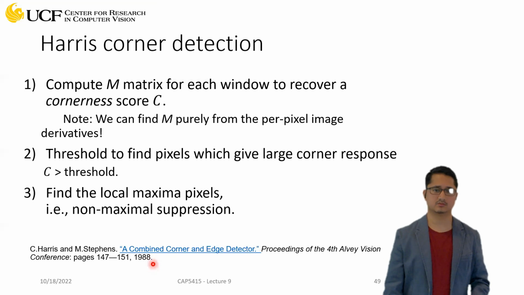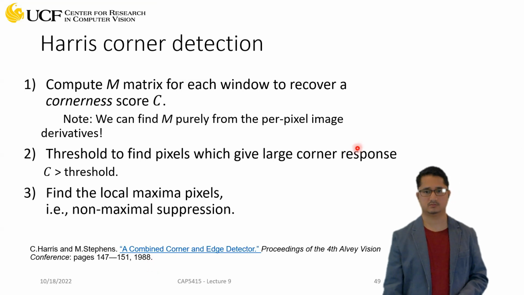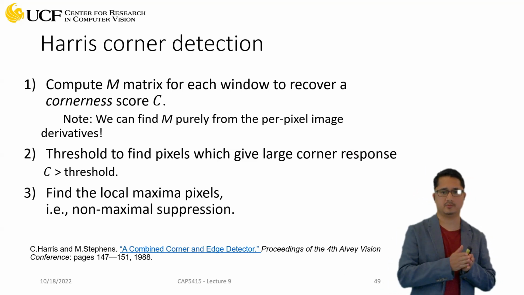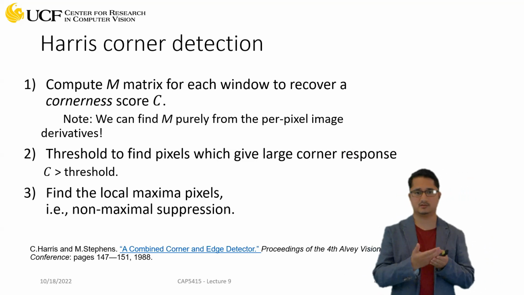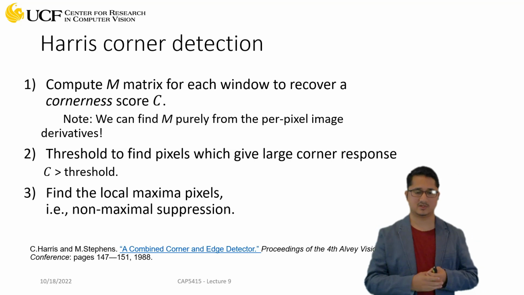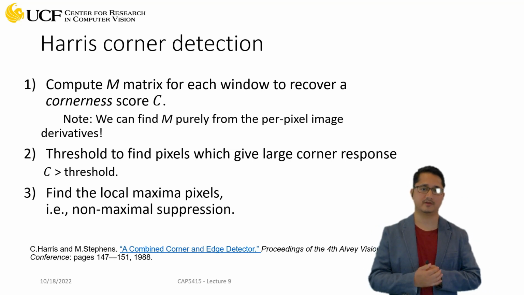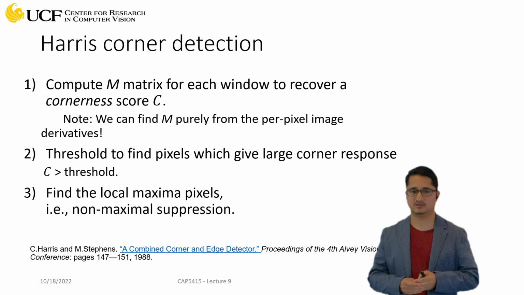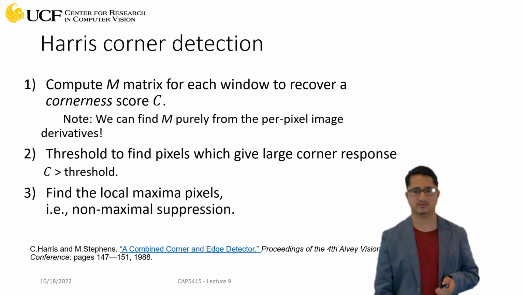Not that new, but not that old. Edge detection was a more primitive problem, and key point detection is a more advanced problem, more difficult than edges. So it came roughly 20 years after that.